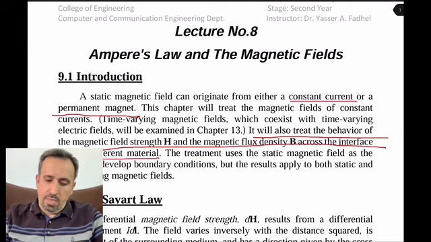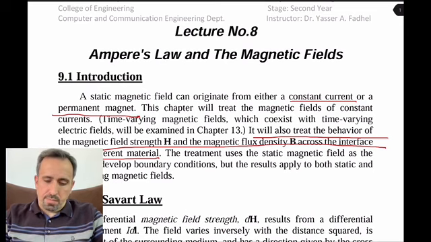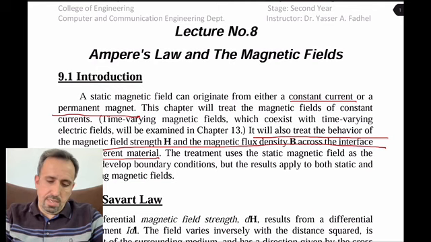So here he talks about chapter 13. Chapter 13 will be discussing boundary conditions also for the magnetic field. The treatment uses the static magnetic field as the vehicle or a tool to develop boundary conditions, but the result applies to both static and time variant magnetic fields.